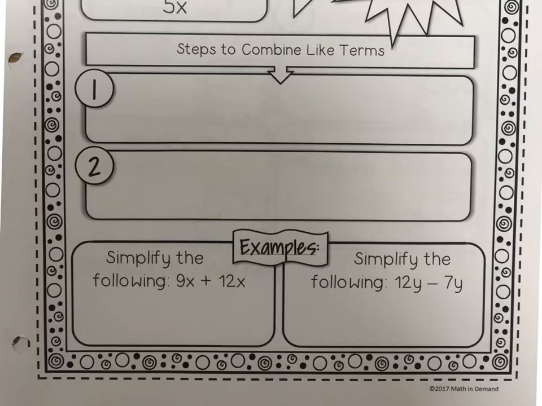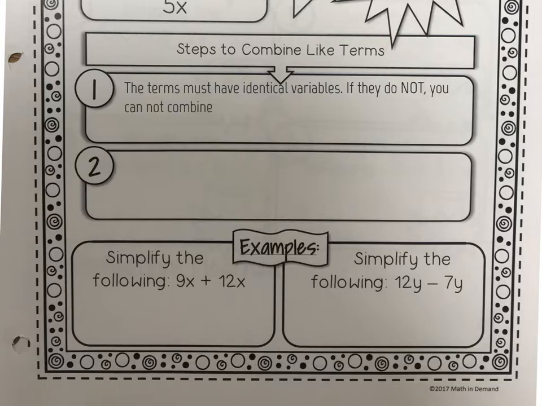So let's write down the steps to combine like terms, and then do some examples. Some steps to combine like terms. The terms must have identical variables. If they do not, you cannot combine them. You just need to leave them alone.